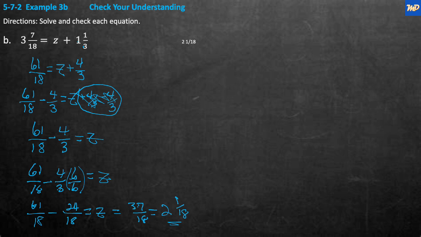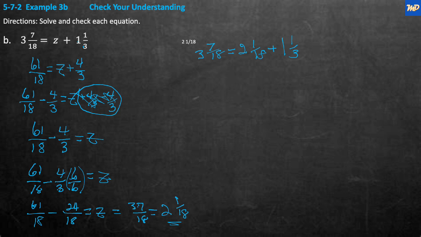So now to check if it's correct, we're going to go back in and substitute 2 and 1 18th in for Z, and find out if we end up with the same number. So we're going to go back over here and say 3 and 7 18ths is equal to Z, which is 2 and 1 18th, plus 1 and 1/3.